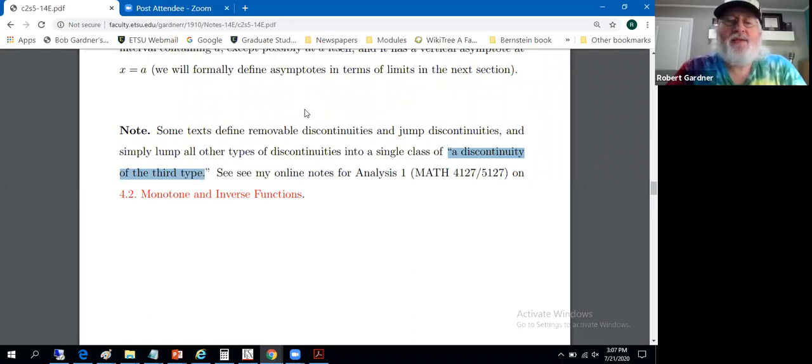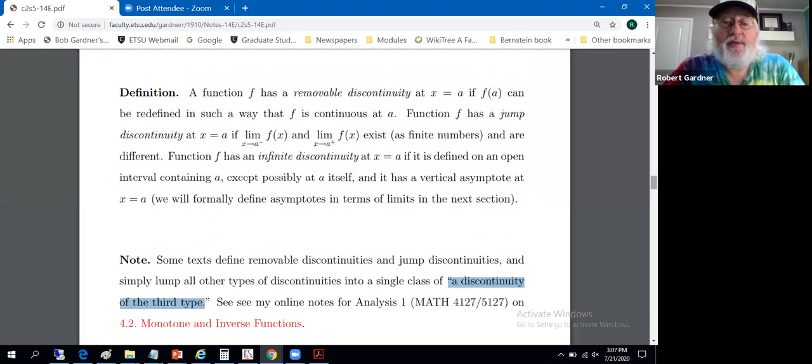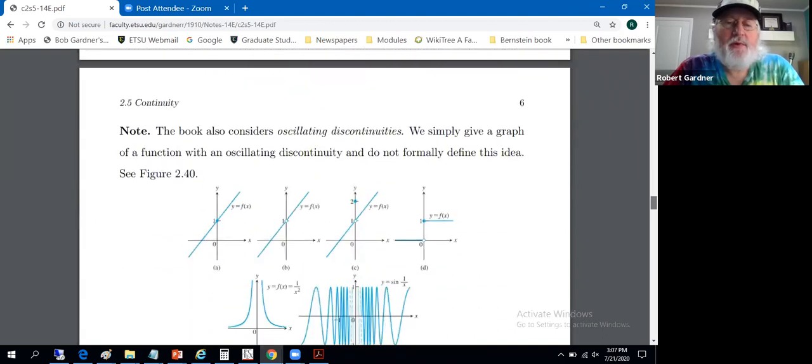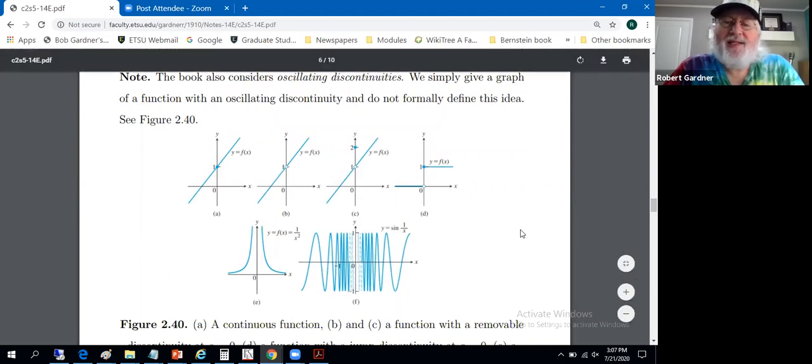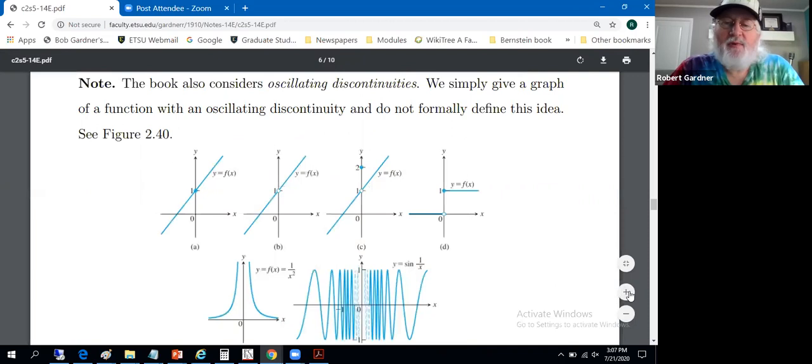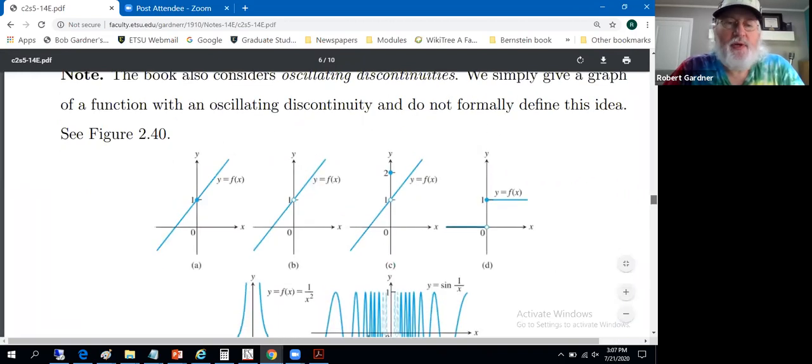We'll mainly concentrate on removable discontinuities and jump discontinuities. One example of a discontinuity of the 3rd type is this infinite discontinuity as we defined up here. There's others, as we'll see in the following picture. The book considers what they call oscillating discontinuities, and that's what we've got in this last picture here.